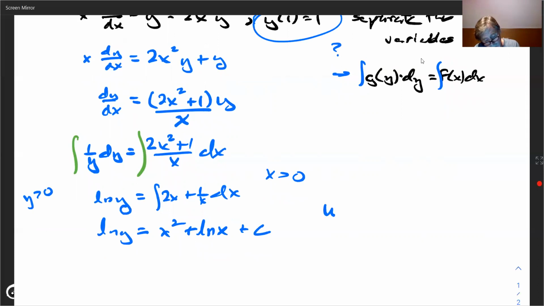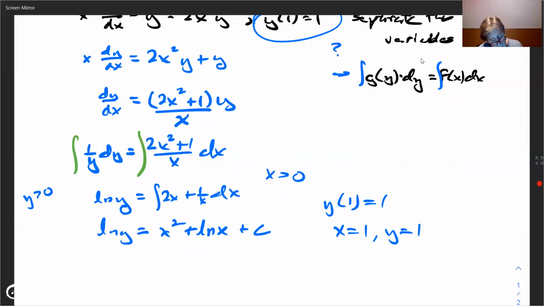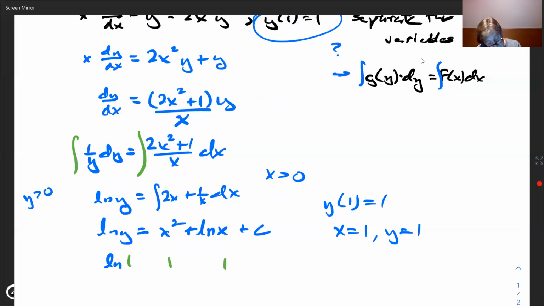We have a particular solution we're looking for. When they say that y of 1 equals 1, that means when x is 1, y is 1, and that has to be satisfied. So I'll go ahead and put the 1 in for y, the 1 in for x, and we've got natural log of 1 on the left, and on the right 1 squared plus the natural log of 1 again plus c.